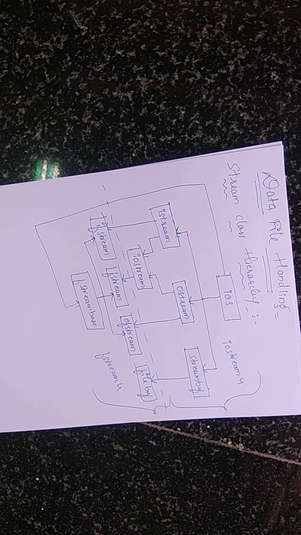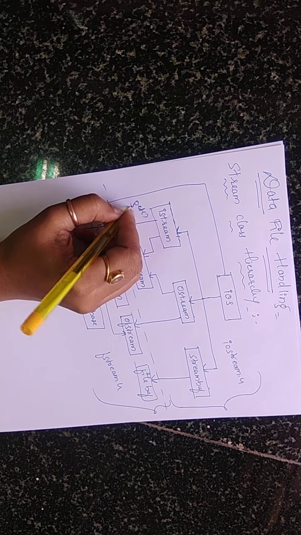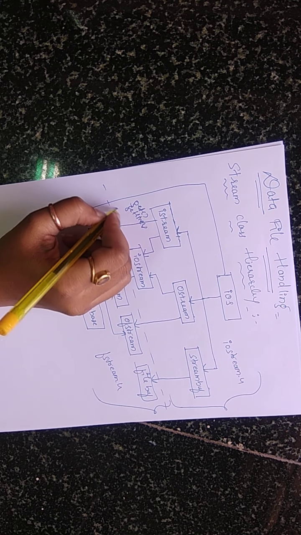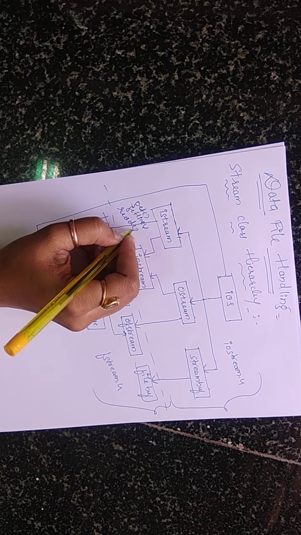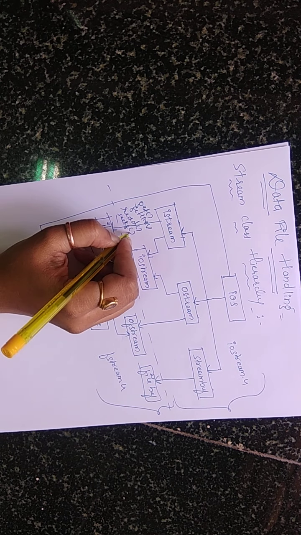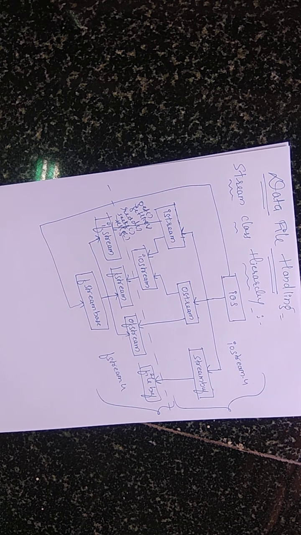Which are those functions? Those are the get function, getline function, read function, seekg function and tellg function. And those have been derived from your istream class.